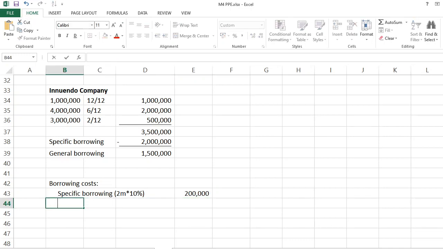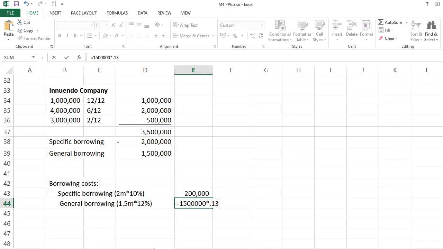And the borrowing cost from our general borrowing, we're going to use the 1.5 na na-compute natin sa taas times yung 12%. Yung nag-iisang borrowing rate. Okay? So, that would be 1.5 times 12. Ayan. We have 180. Therefore, we have a total borrowing cost of 380.